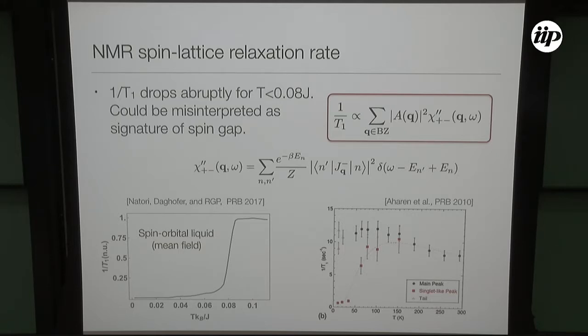Usually you try to fit an exponential to this, but remember that this is actually a gapless spin liquid phase with nodal lines, but it has a vanishing density of states. So one thing we're trying to say is that maybe you can still have a gapless phase to describe the system. It's just that the low energy density of states goes to 0, and that would be consistent with what people see in the experiment in NMR. And the curve to see here, the red points, is the singlet-like peak observed in NMR.